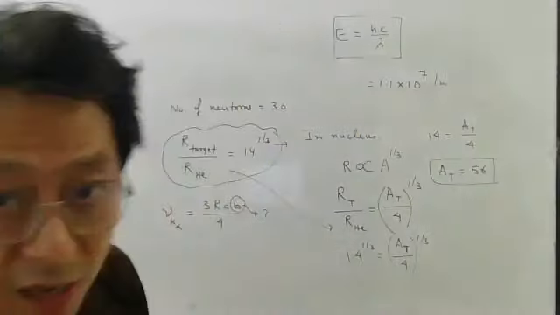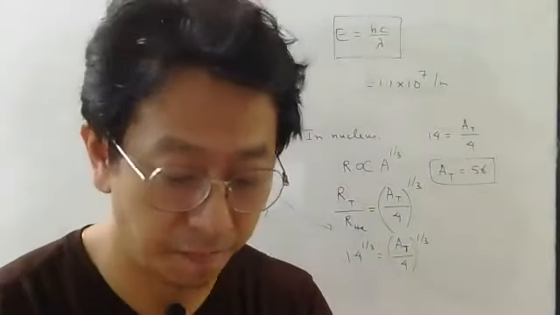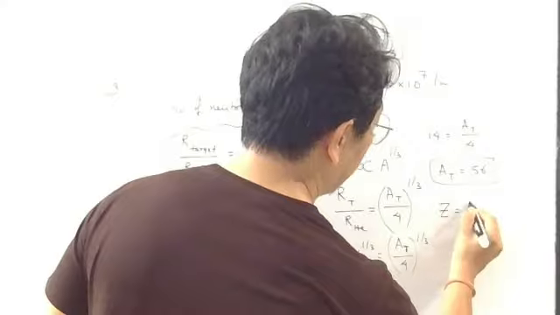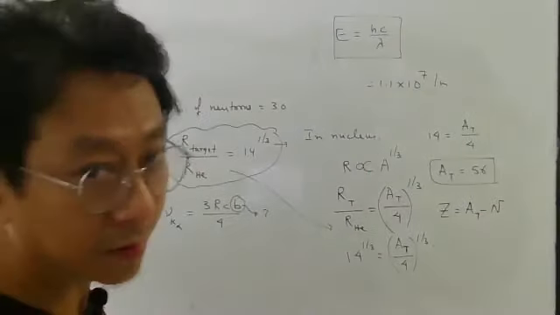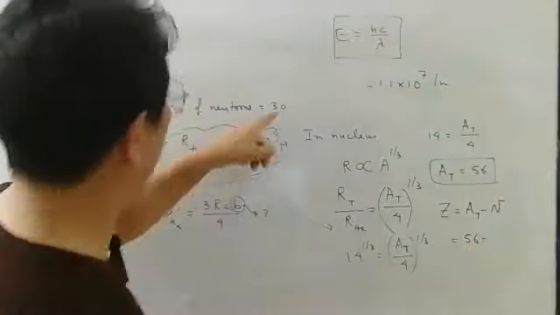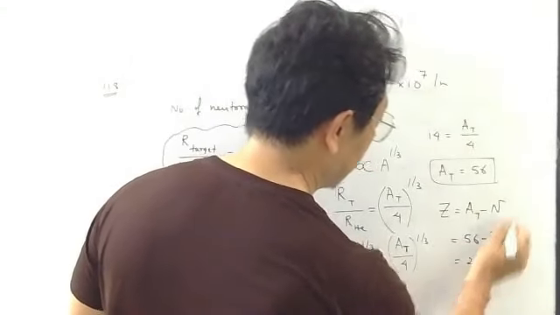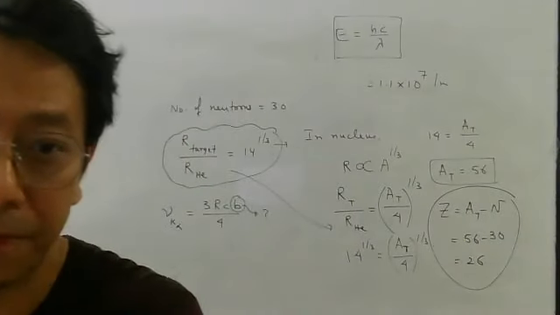We need atomic number. So atomic number of target will be mass number minus neutron number, right? And 56 minus neutron number, how much they told? 30. So this is 26. So the whole game was to find atomic number first.